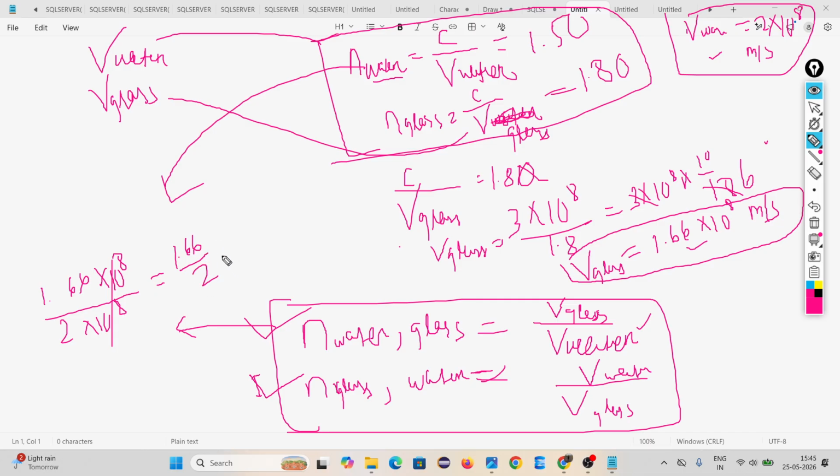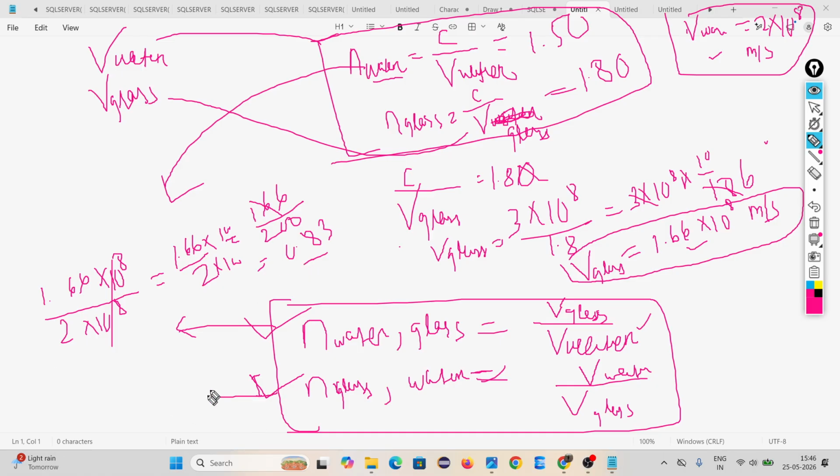If you simplify this, removing the decimal point, it becomes 166 divided by 200, because we multiply by 100. It becomes 0.83. And since you are finding a refractive index, we don't require a unit.